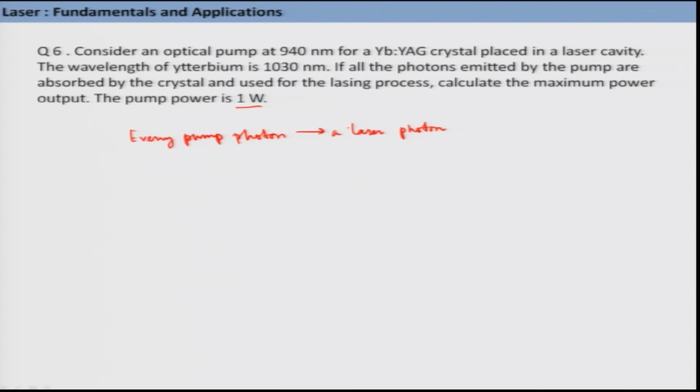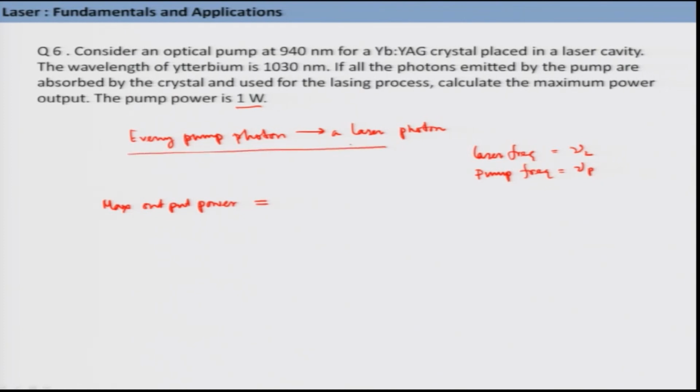Okay, so in that case, if I define the laser frequency as nu_L and the pump frequency as nu_P, then I can easily find out the maximum output power of the laser based on this condition.